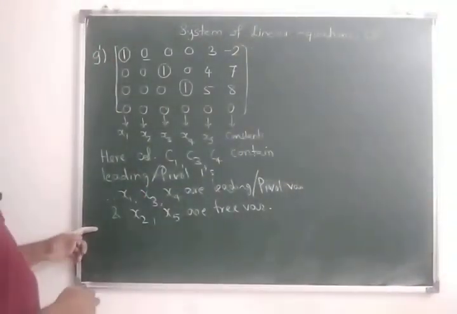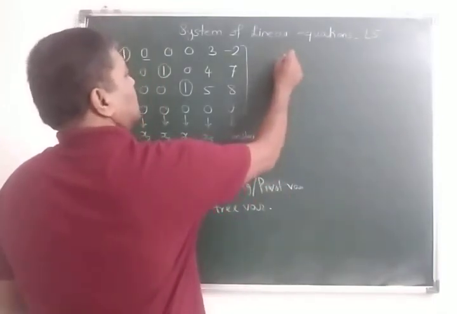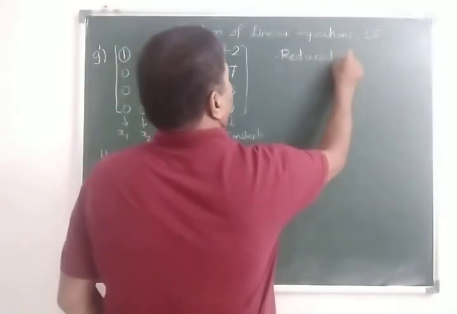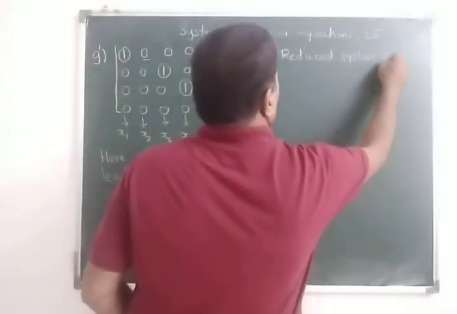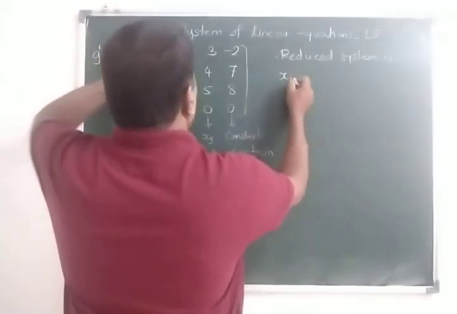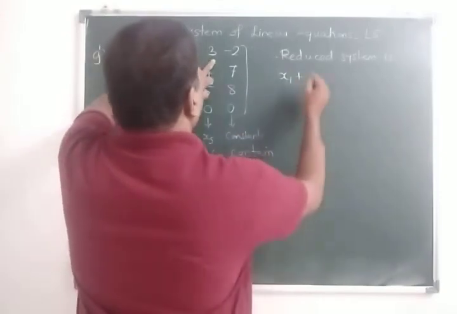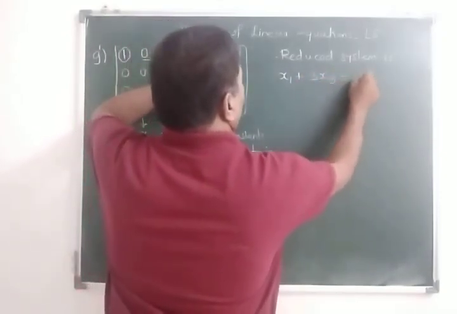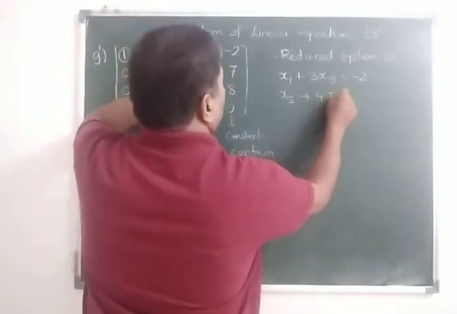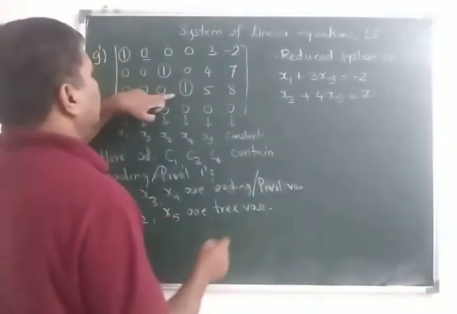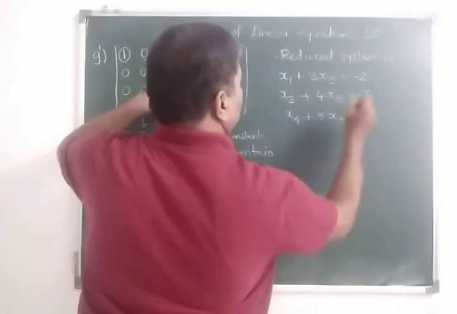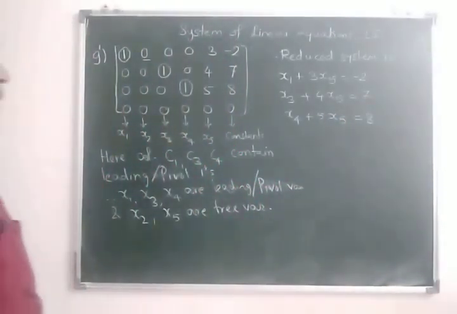So what is the reduced system from row echelon form? Reduced system is x1 plus 3x5 is equal to minus 2. Second equation is x3 plus 4x5 is 7, and then x4 plus 5x5 is equal to 8.